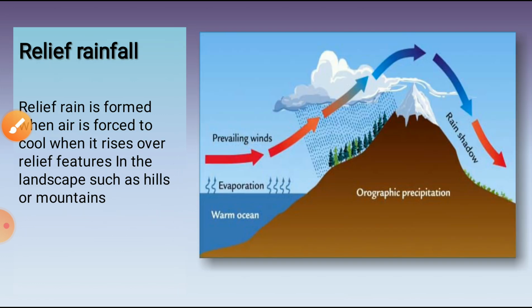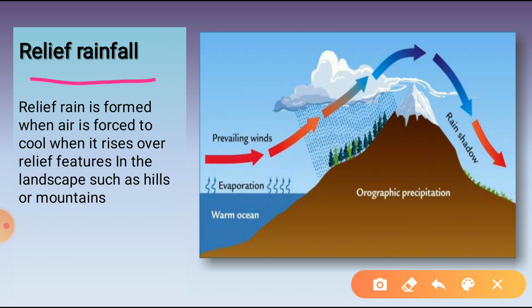Now let us see the second type of rainfall, the relief rainfall. Relief rainfall is also called orographic rainfall. Relief rainfall occurs when air has been blown over the sea and is then forced up over an area of highland. This causes air to cool, and the moisture in the air condenses and rainfall occurs.